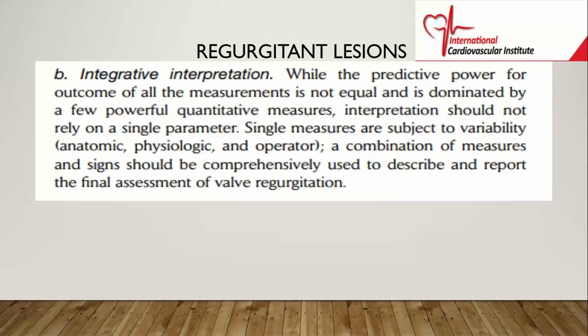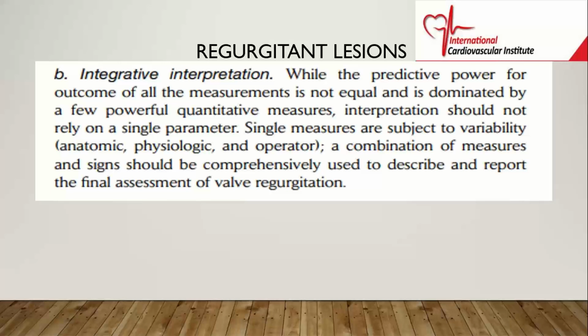So, integrative interpretation. You need to use all the modalities. It's common to see some people just look at the regurgitant color flow jet and say this is severe. No, you have to use everything.